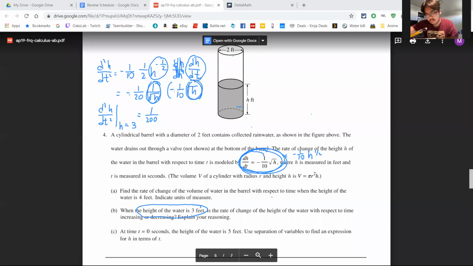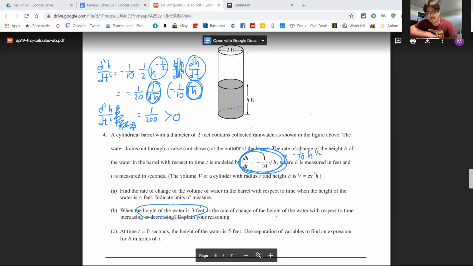So actually, the second derivative, and this doesn't even matter, the second derivative is always 1/200, which we know is a positive number. It's not a very big positive number. It's a tiny number, but it is still positive. All right, as you can see, it's always 1 over 200 no matter what you plug in. So it's always positive. So this is a true statement.